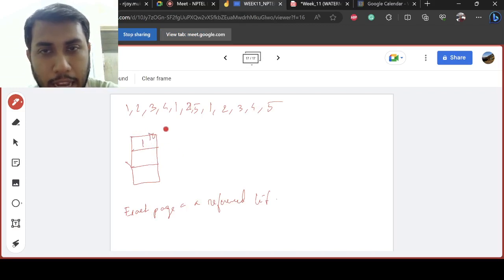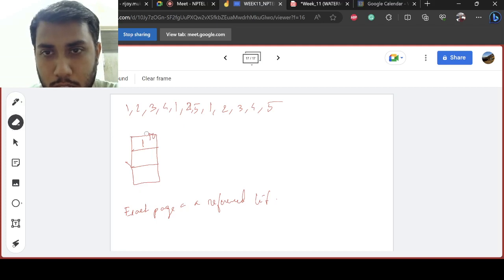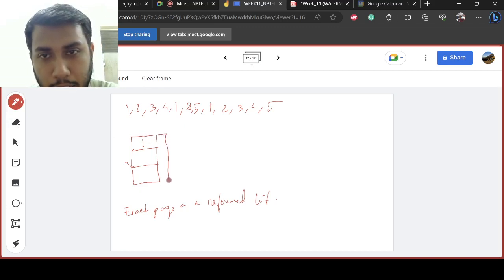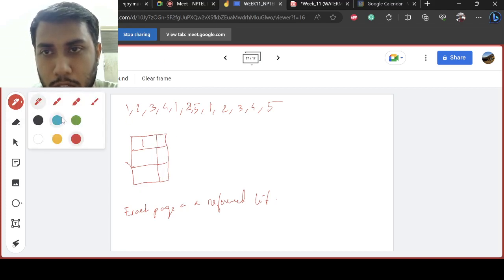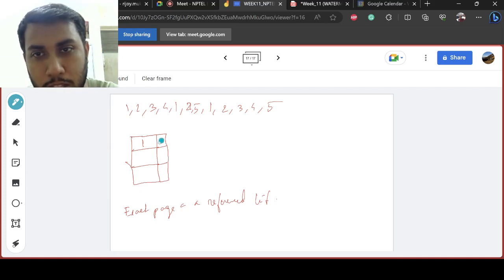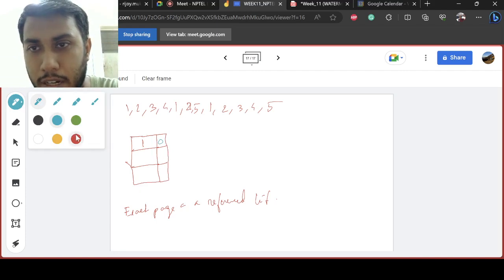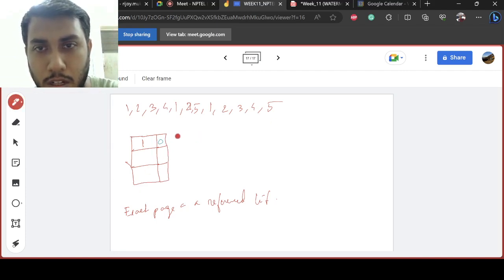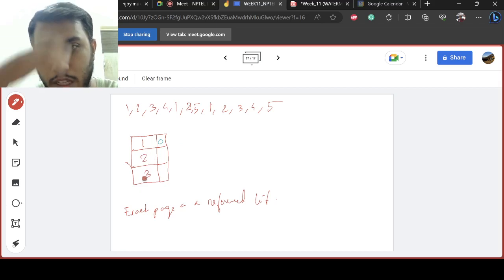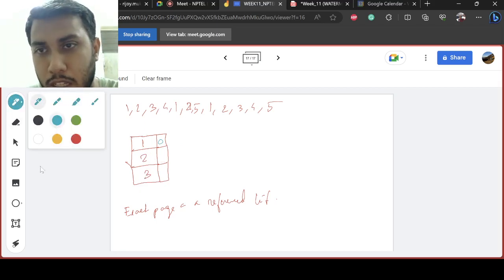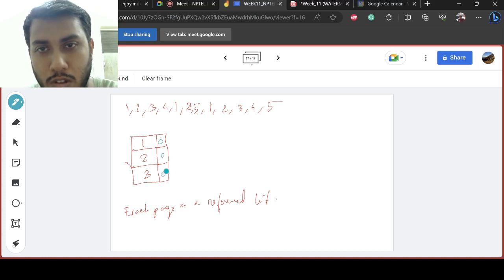Let me represent the reference bit as r. So initially the reference value will be 0. Then you enter 2 and 3, and all of their reference values will be 0, 0. Now a new request comes in as 4.